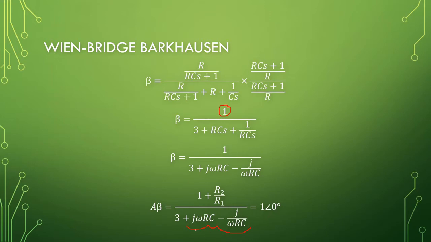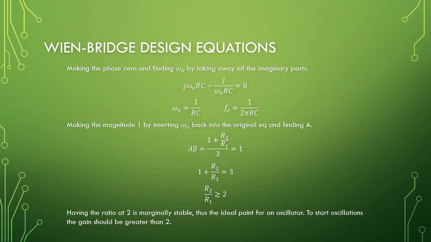Okay, so to get rid of this, we'll be at the resonant frequency, omega 0. So this is where this part will disappear, and from this part of the equation is where we get our resonant frequency from. Okay, so j omega RC minus j over omega 0 RC should be equal to 0.